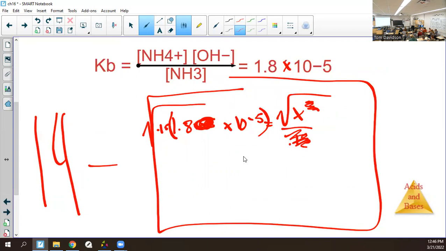x is 0.0016. Now, is this what I subtract from 14?